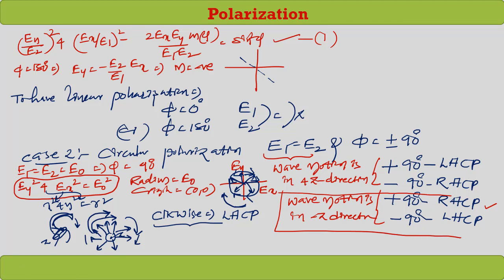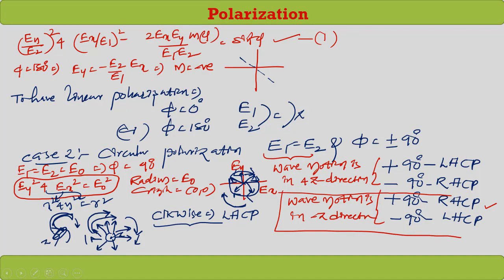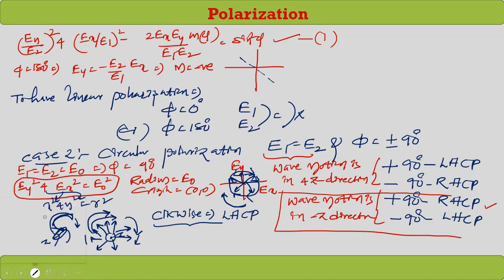That means left-handed circular polarization you will get. If you take phi is equal to minus 90 and the wave is traveling in the plus z direction only, then you will have the right-handed circular polarization, where the circle will be formed like this.